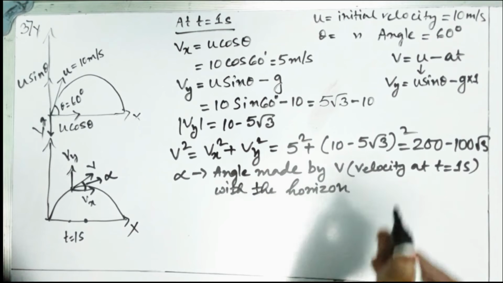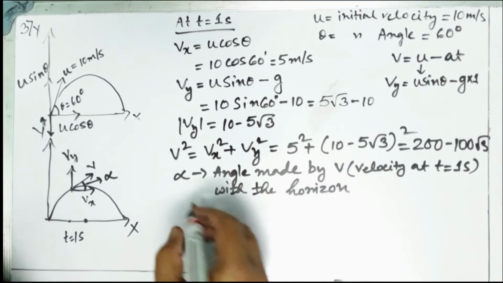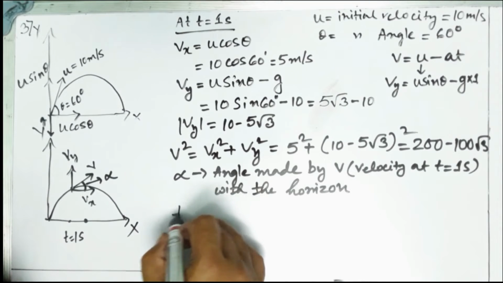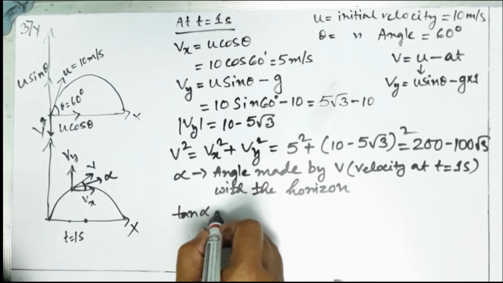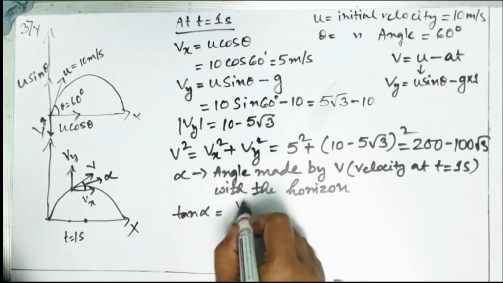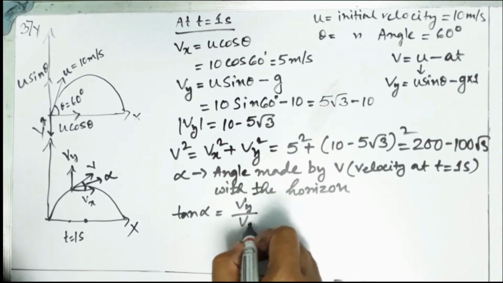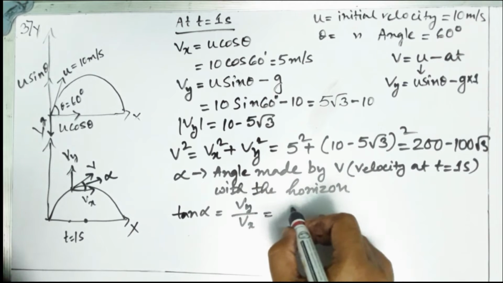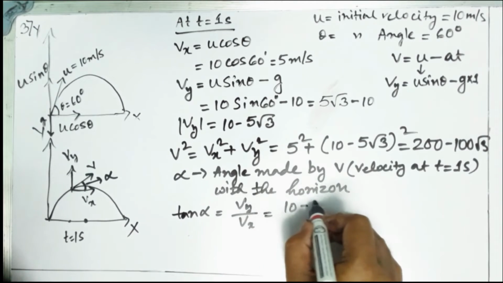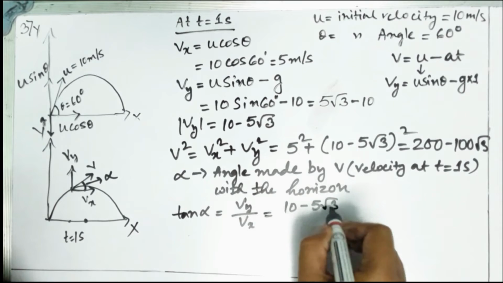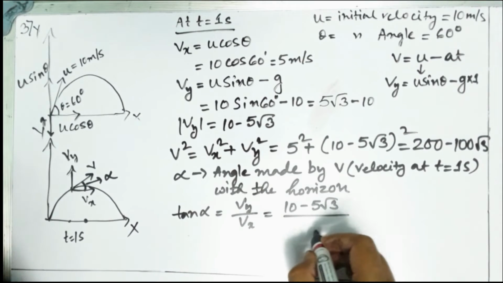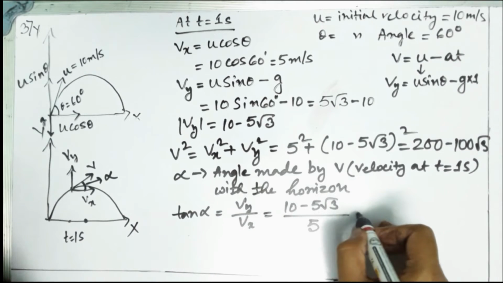We know that tan alpha is Vy by Vx. Vy is 10 minus 5 root 3 and Vx is 5.